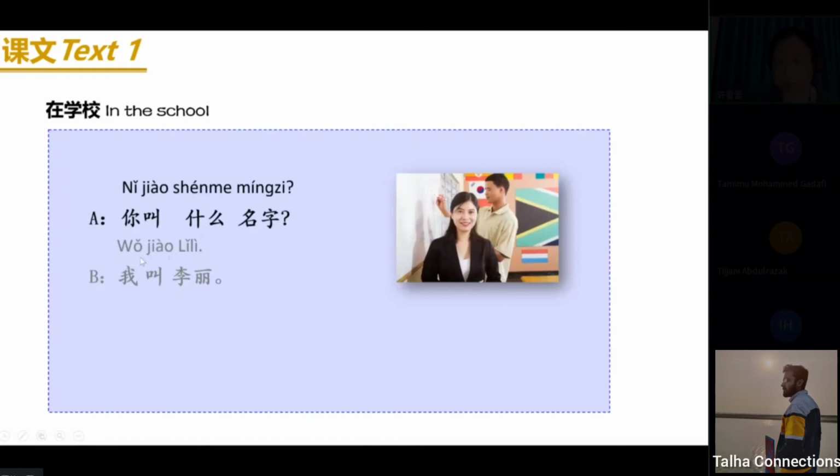Now you use the same expression 叫. 我叫李丽. Now this is maybe the girl's name, her name. 我叫李丽. Now you can use your name to replace it. Again, 你叫什么名字? 跟我读. 你叫什么名字? 我叫李丽. 我叫李丽.